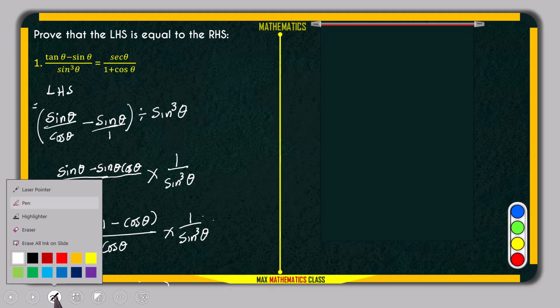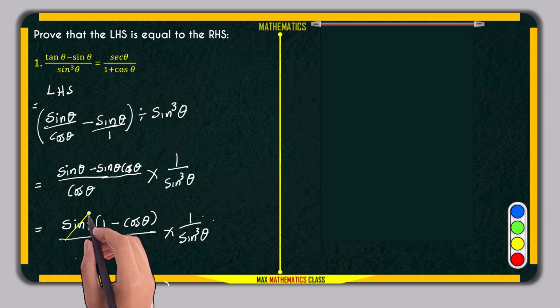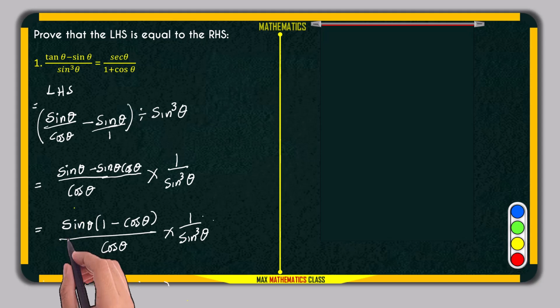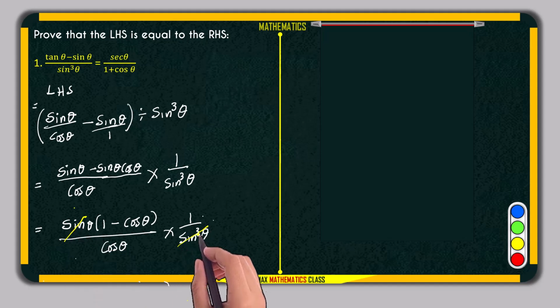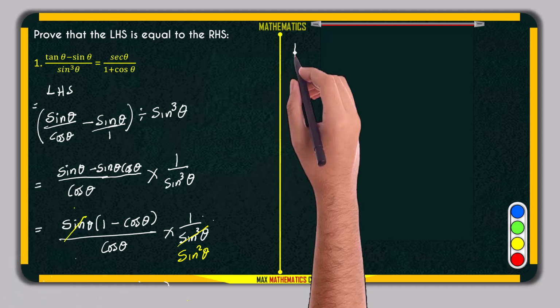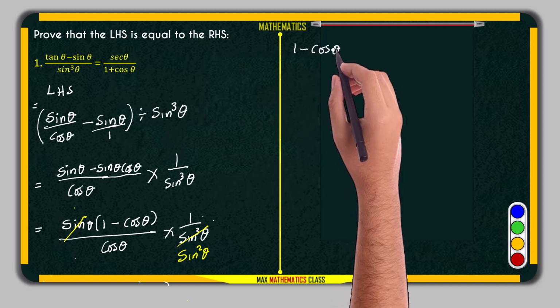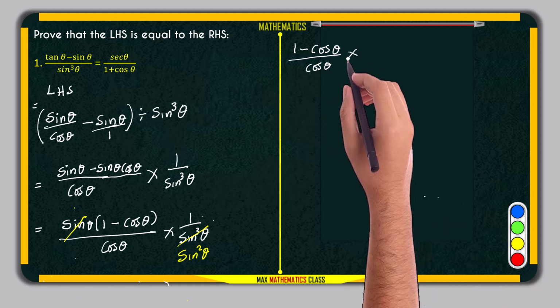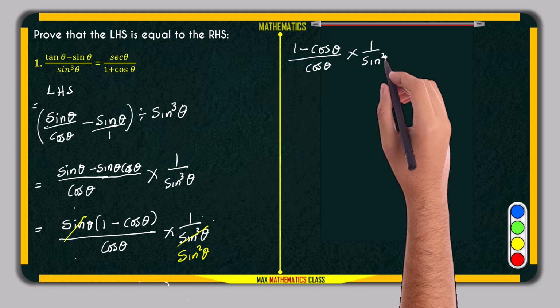So from here, this sine theta will cancel one of these, so that we now have sine square theta out of sine cube theta. So we are now left with 1 minus cos theta over cos theta times 1 over sine squared theta.